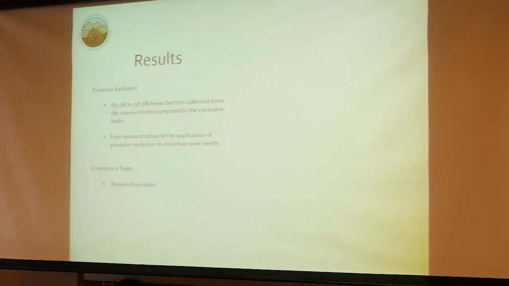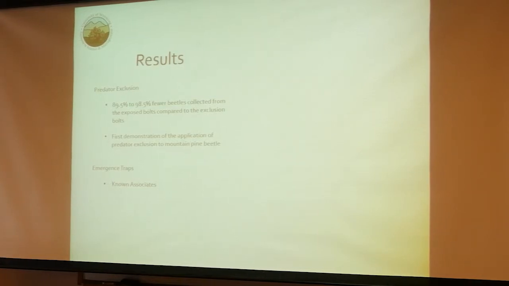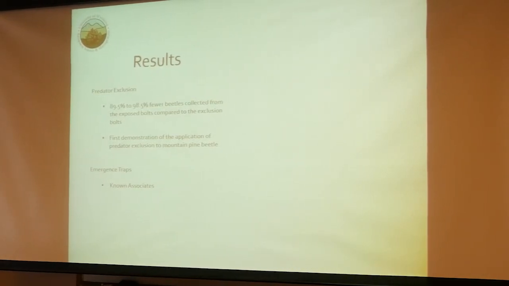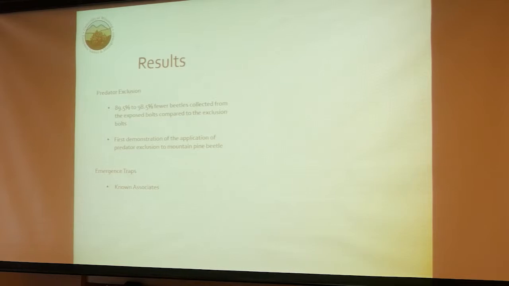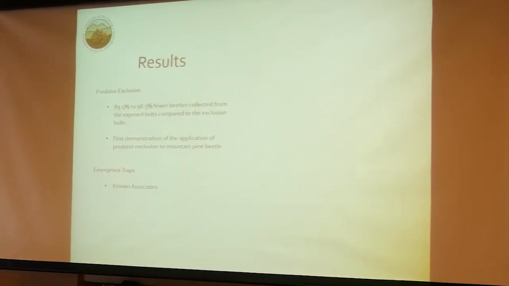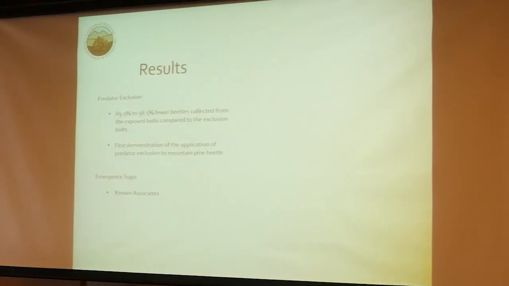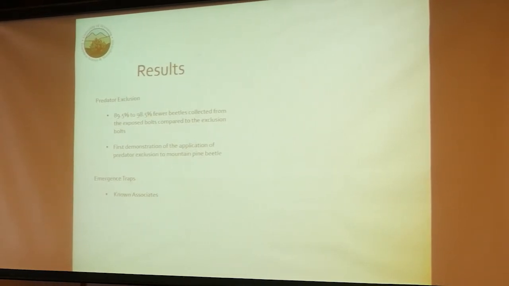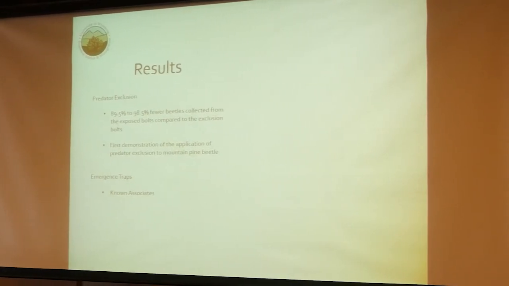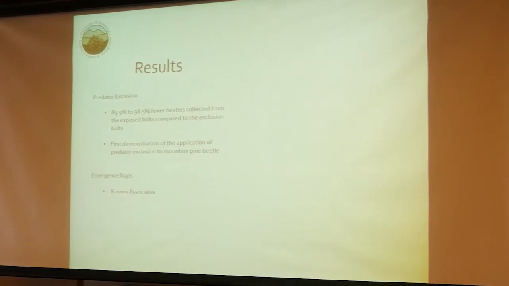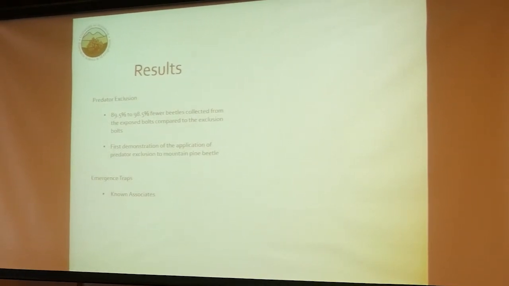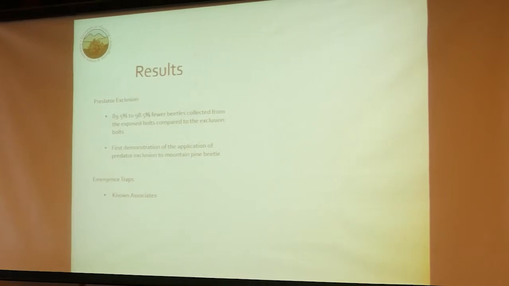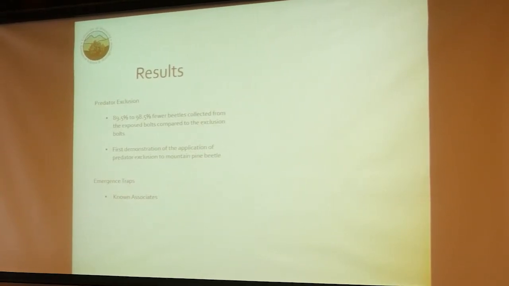I had 3 experimental trees in 2015, last year, which is the ones I'm now rearing beetles out of. I only found 2 trees that were suitable for setting up the experiment. So while I did demonstrate a really good, successful way of measuring this, we still have to get this out in the field where there is an epidemic going on, and we can really get enough experimental trees to get some good numbers.